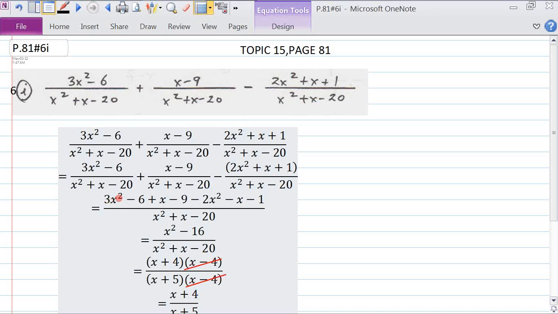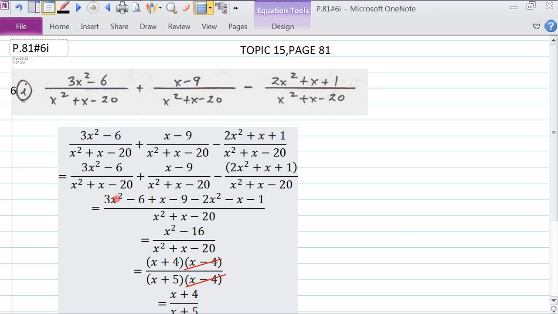Now, 3x squared minus 2x squared gives me x squared. The plus x and the minus x cancel. And so I have nothing in the x term. Minus 6 and minus 9 becomes minus 15. And minus 1 becomes minus 16.